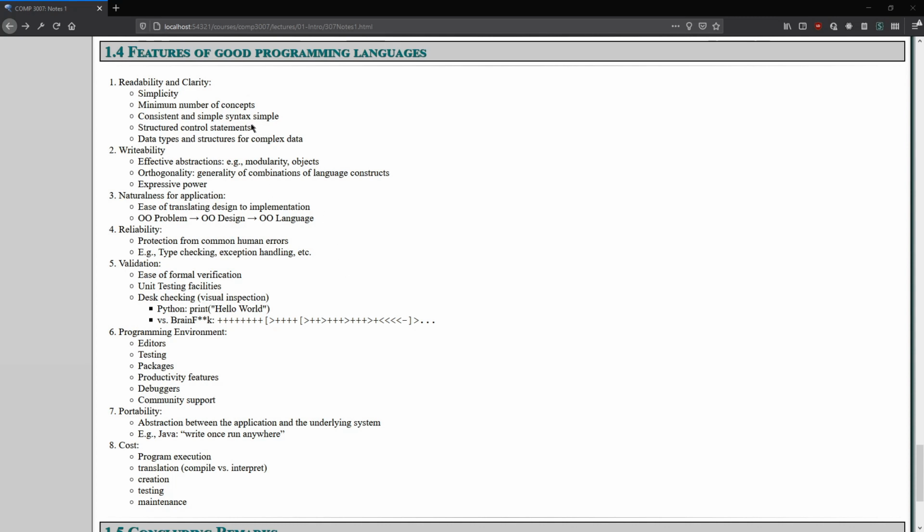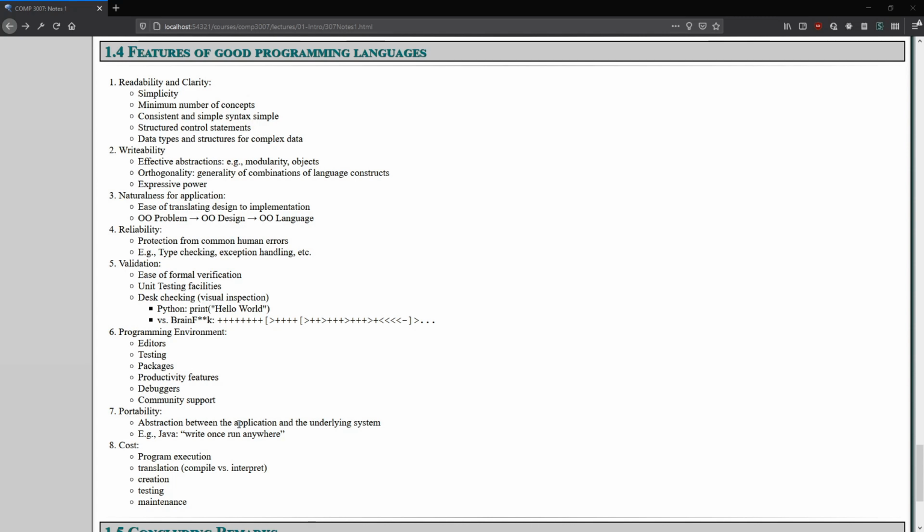So things like readability, writability, these are how well we can read and write, or how well we can understand the code that we're actually constructing. Things like naturalness for application corresponds to how easily I can translate from the design or the domain realm into the actual programming implementation. How seamless is that transition? Things like reliability, validation, portability down here, these all correspond to how easily I can construct and maintain this code.